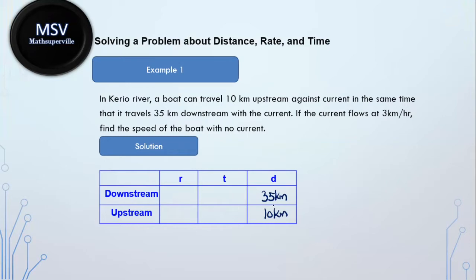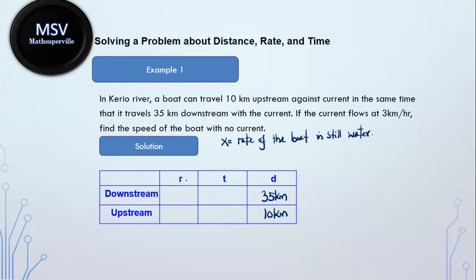Additionally, we're given the rate. Before I discuss the rate for downstream, I'm going to denote that x is equal to the rate of the boat in still water, or without current.